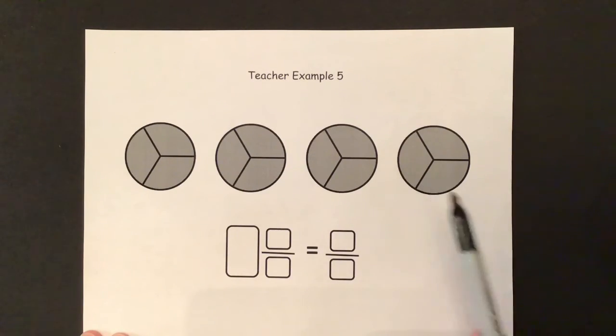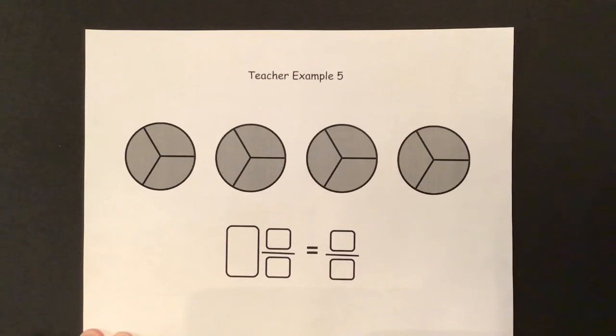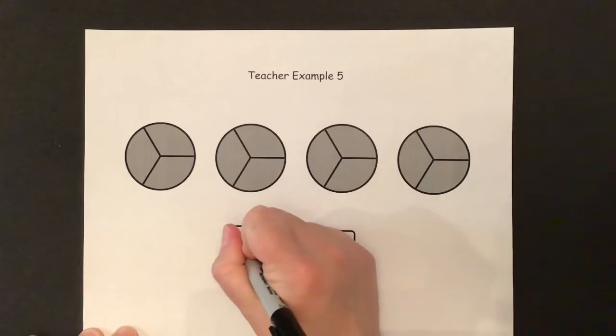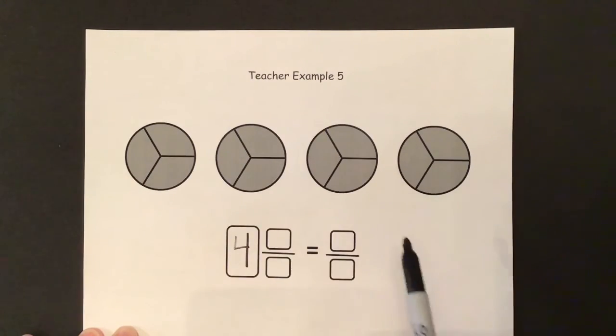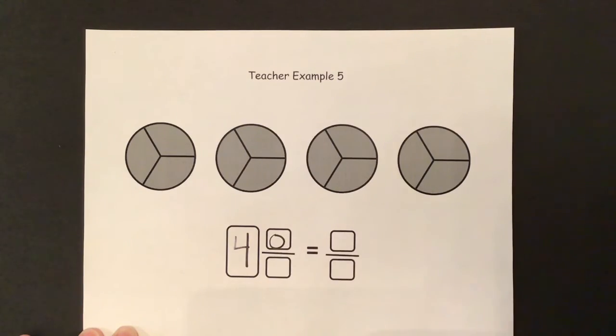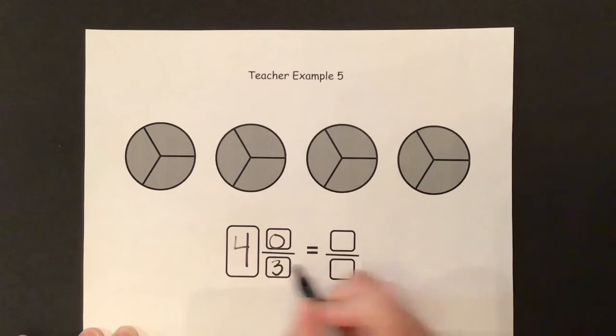Sometimes you'll look at the fraction picture, and sometimes the picture will just show wholes all the way. So we've got 1, 2, 3, 4 wholes. Now, technically we could say there were 0 leftover pieces, and we know the size of the piece, they're thirds.